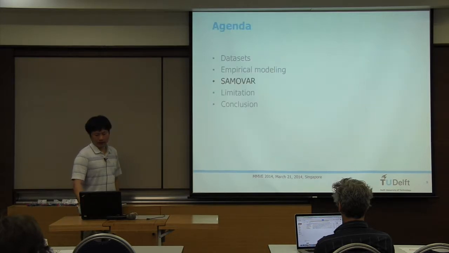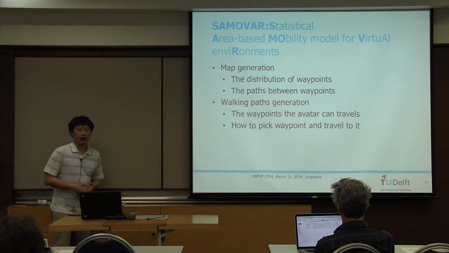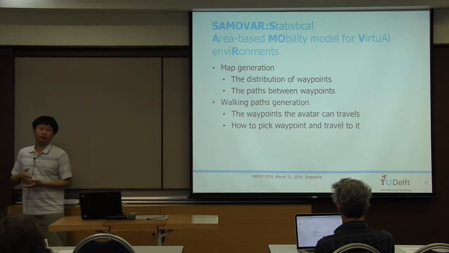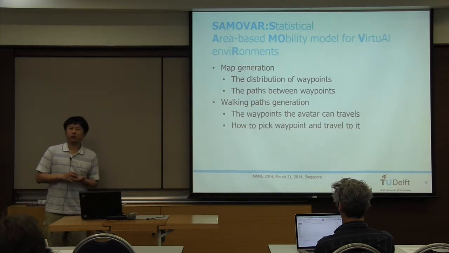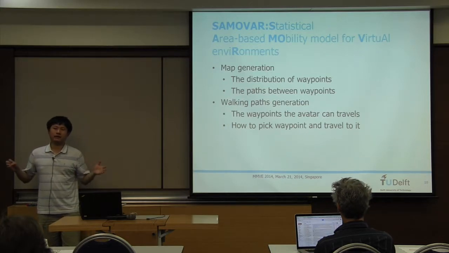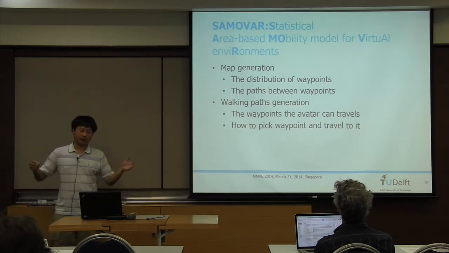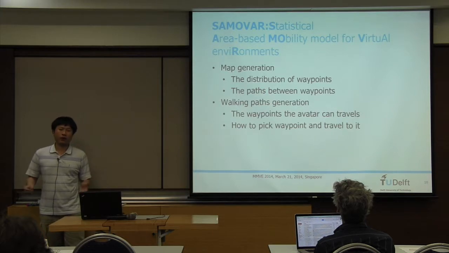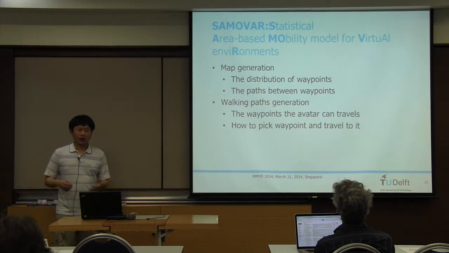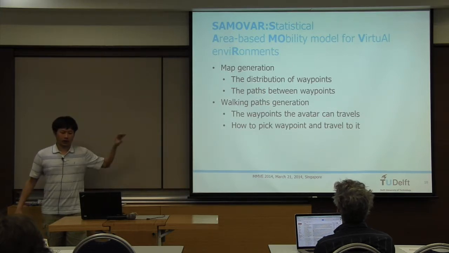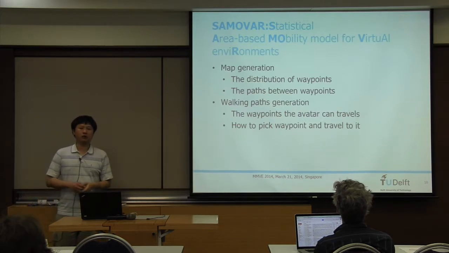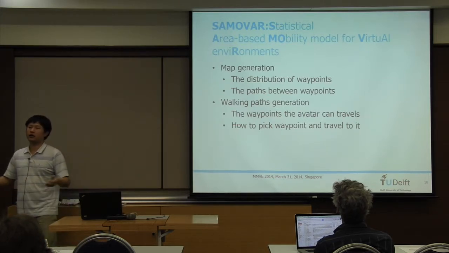Then I will introduce SumOver. SumOver is an area-based mobility model for virtual environments. It consists of two parts. The first part is map generation, how to generate such a map. The second part is walking paths, how an avatar moves. The map generation part covers how to generate waypoints distributed according to the map.